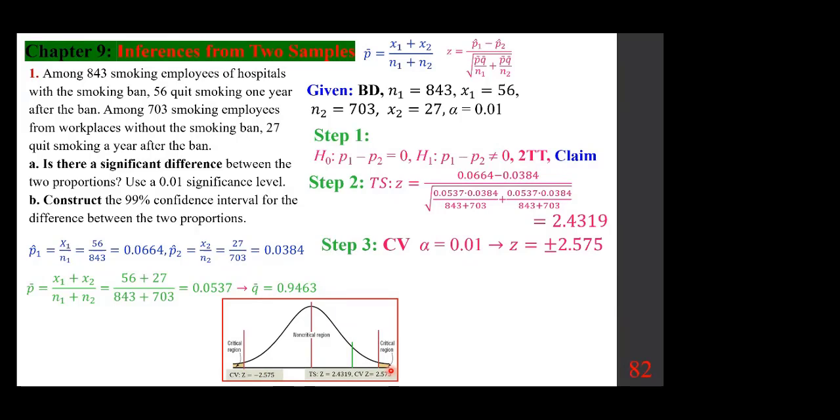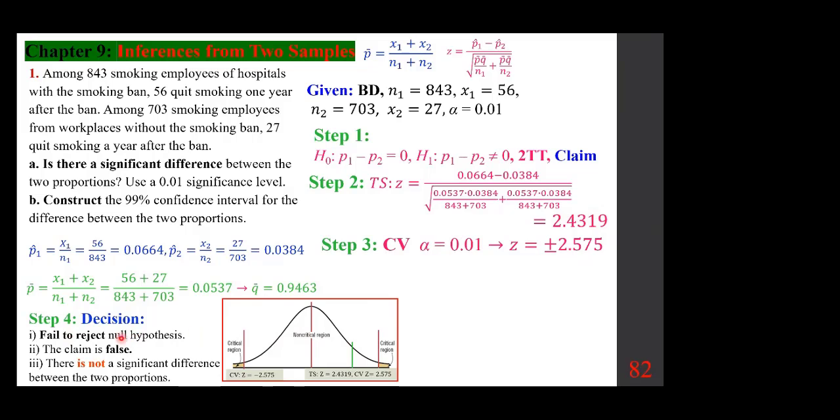We are comparing numbers. When we compare this number right here, it is way into the non-rejection region. Therefore, don't reject H0, or fail to reject H0. All of this calculation, comparing the numbers, results in the first part. Look at the first part.